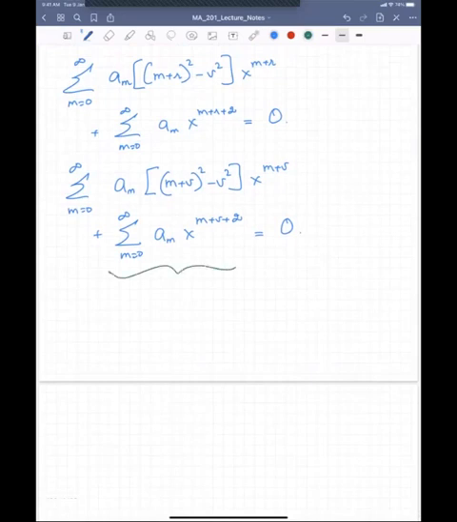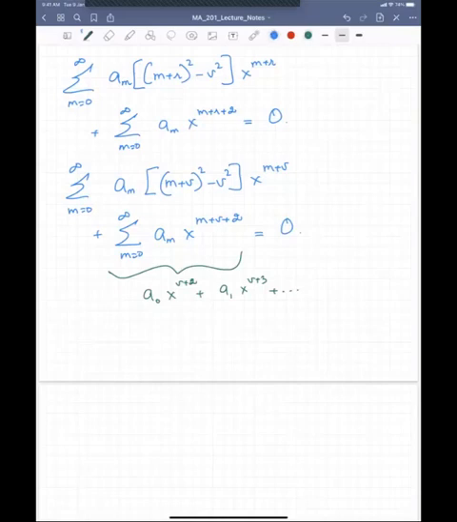The second series, remember that since m starts at 0, this series is basically a0 x to the nu plus 2 plus a1 x to the nu plus 3 plus and so on, right? Now, in this series, I can write m goes to m minus 2. Why would I want to do that? Well, if m goes to m minus 2, the exponent of x in this series is basically m plus nu, which is the same as what I have over there.